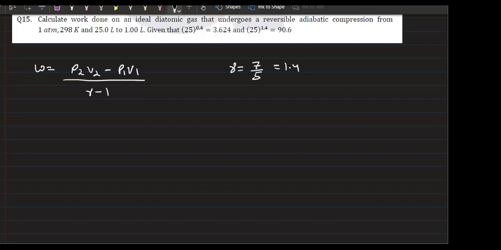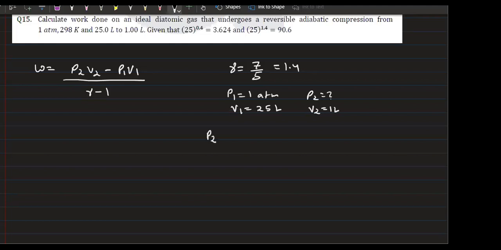Now what else is given? P1 is given, which is 1 atm. V1 is given, which is 25 liter. P2 is not given, but V2 is given, which is 1 liter. Got it? Now, can we find P2?